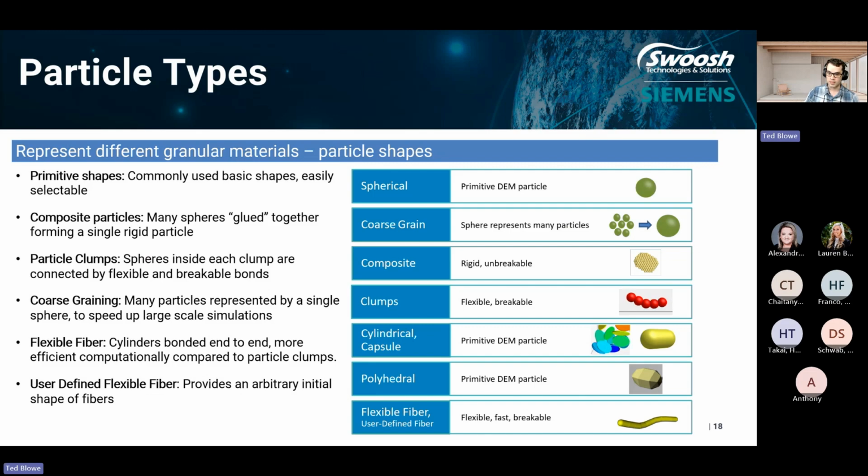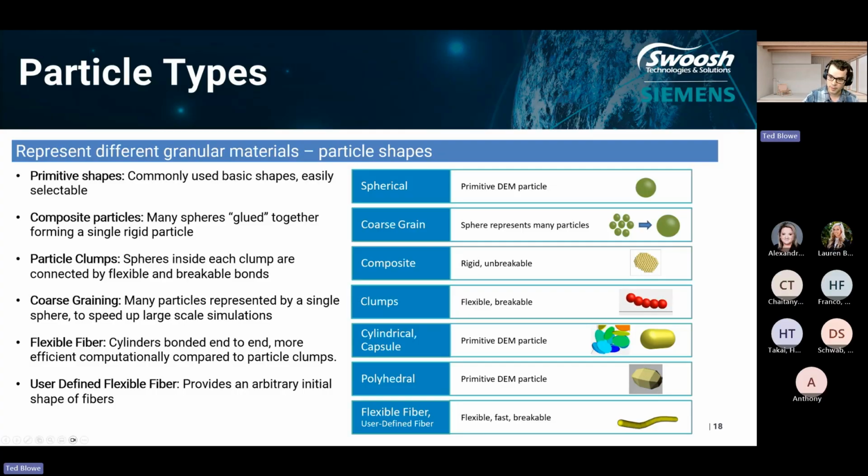Next is the composite or rigid multisphere. This is where multiple individual spheres are glued together in a rigid, unbreakable condition. This is a way of coarsening a fully polyhedral cell.